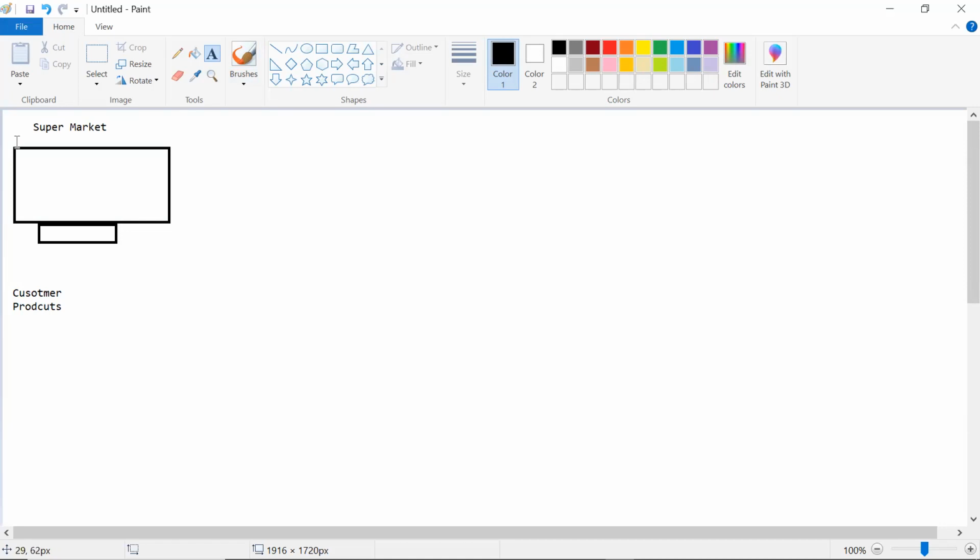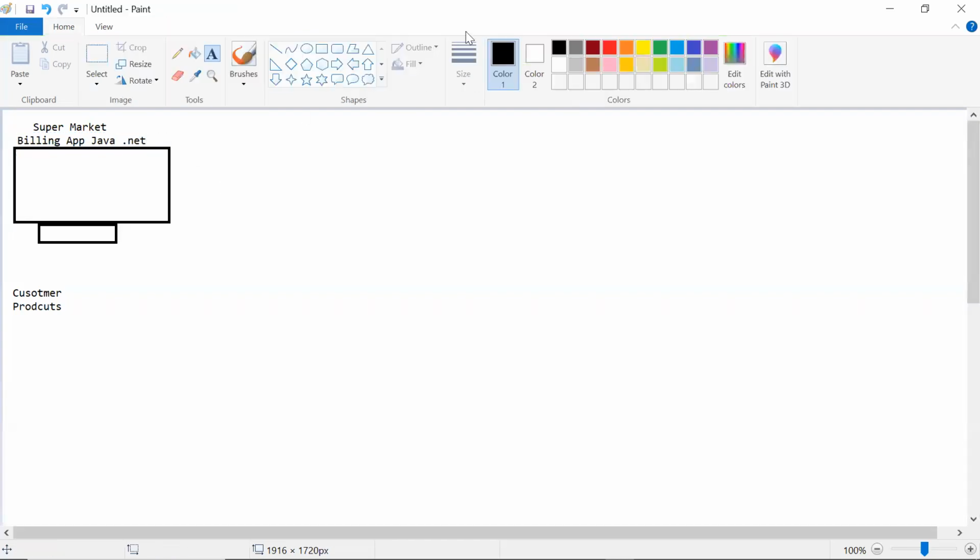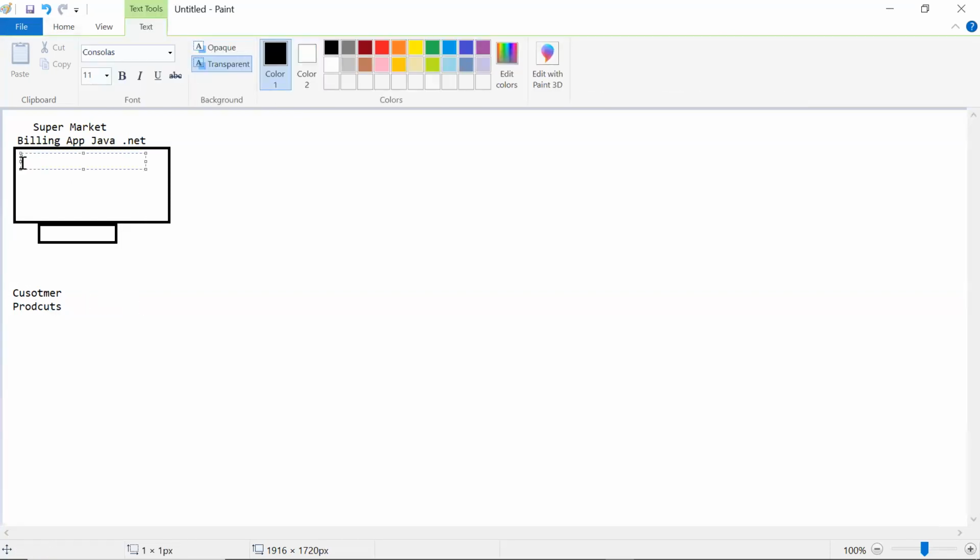If you observe, there is a billing application, developed in Java, .NET or C#, whatever they use. This is not our headache; let them develop this application. Whatever you purchase, the billing application will capture all this information: the quantity, the price, the amount, and other details about the product.